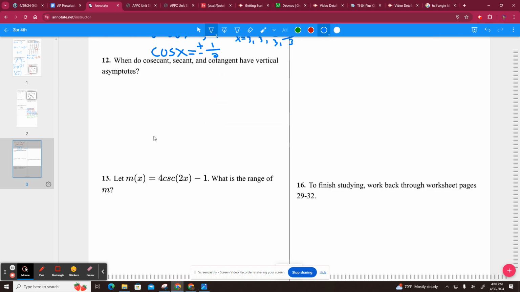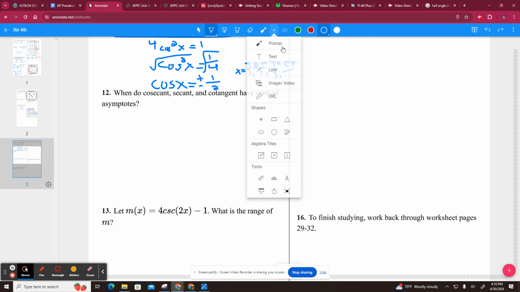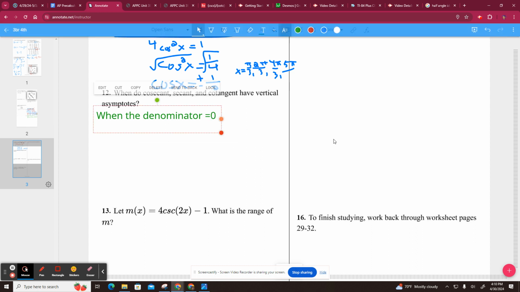So when do cosecant, secant, and cotangent have vertical asymptotes? Remember cosecant, the main answer is when the denominator equals 0.